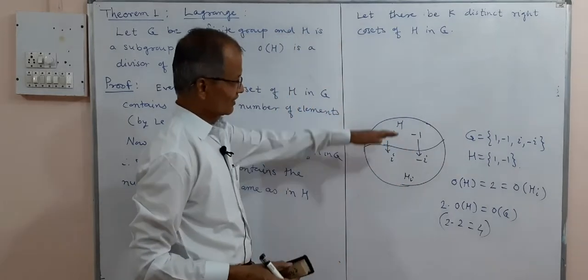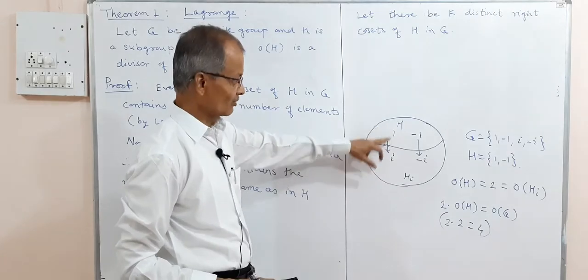Here, see, there is no element common in the 2 right cosets H and HI.